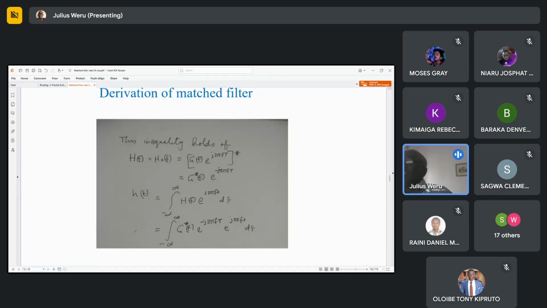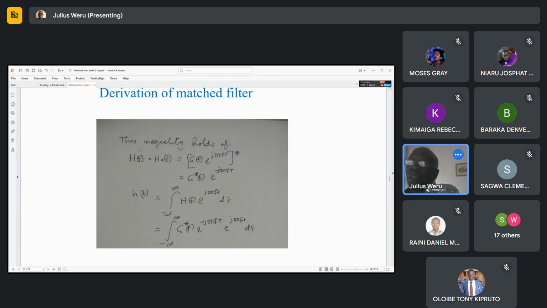And we are saying this inequality holds only if H(f), which is equal to H naught(f), is equal to G*(f) e to the j 2 pi fT.